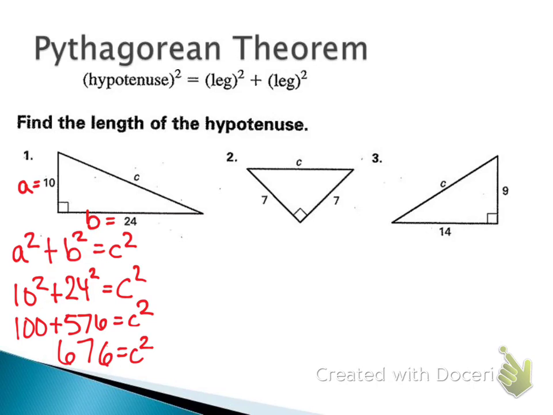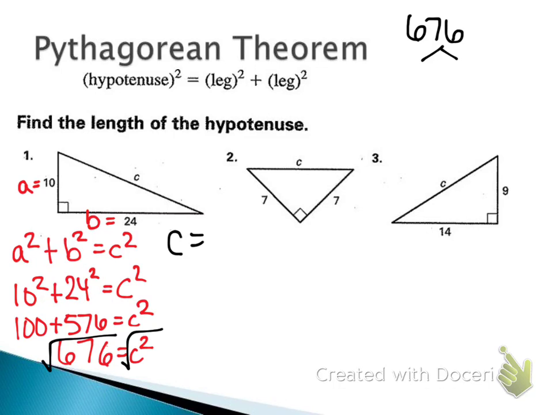That is what is going to undo squaring. We square root both sides. That's going to make sure that C is by itself. But that means we have to simplify the square root of 676. This is why we did a whole week on radicals before we did this chapter.